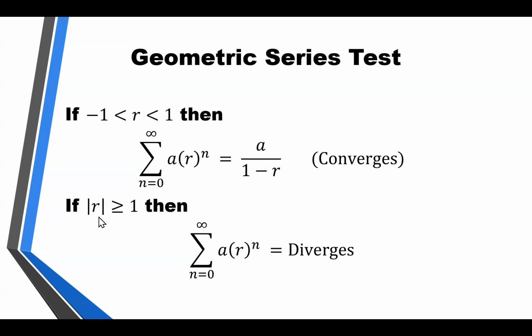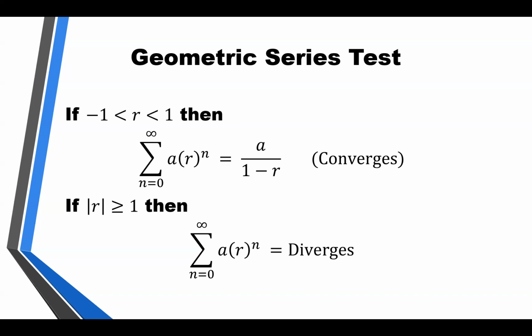If the r value is 1 or above in terms of absolute value, then the terms go off to infinity, and therefore the infinite summation diverges. We saw the limits of these types of things in a previous video, the terms anyways.